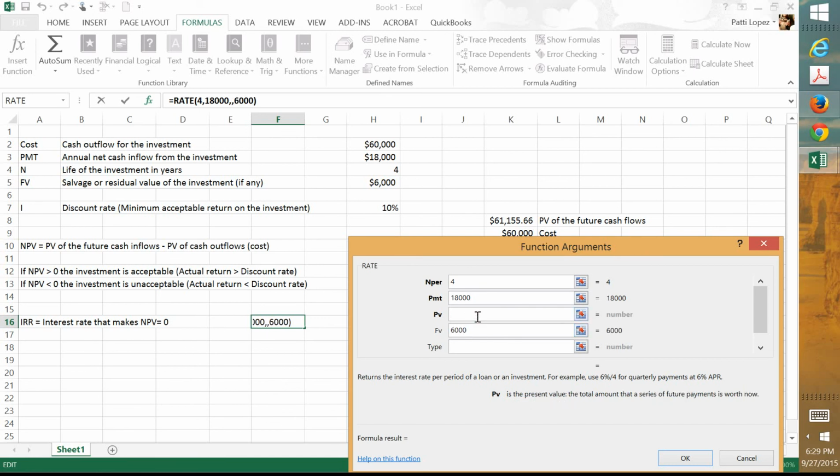But now we're asking a different question. If Big Al receives $18,000 a year for 4 years and $6,000 at the end of 4 years, and he makes a $60,000 investment, what is the actual return on that investment?